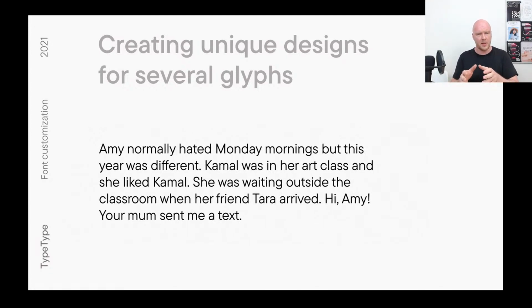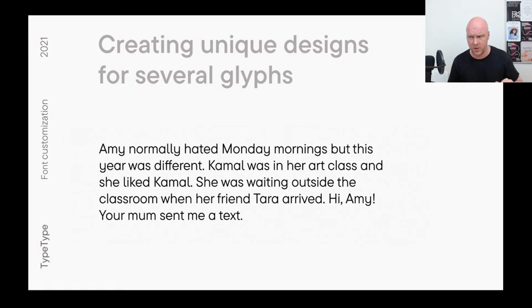As a result, you get a technically perfect font which will be unique for your project and your client, and no one else in the world will have it. So in this example, you see we changed just several characters, and you see this is already a different font.